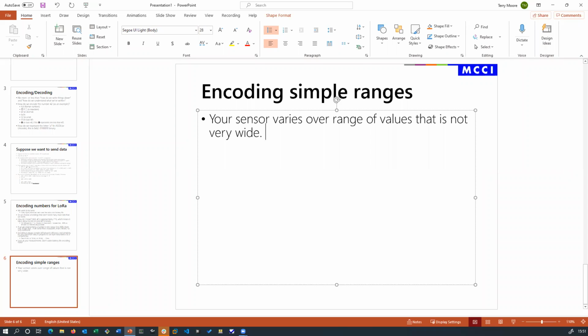By not very wide, I mean your range of values is like 0 to 4096 or 0 to 65535. Those are powers of 2.